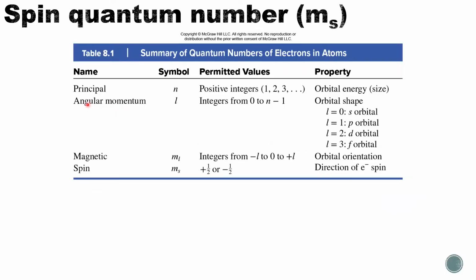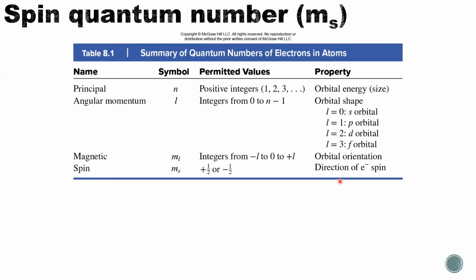We already know the principal quantum number n, the angular momentum quantum number l, and the magnetic quantum number m sub l. In this chapter, we'll focus on the spin quantum number m sub s. It has 2 permitted values, positive half or negative half, corresponding to the direction of electron spin in an orbital.